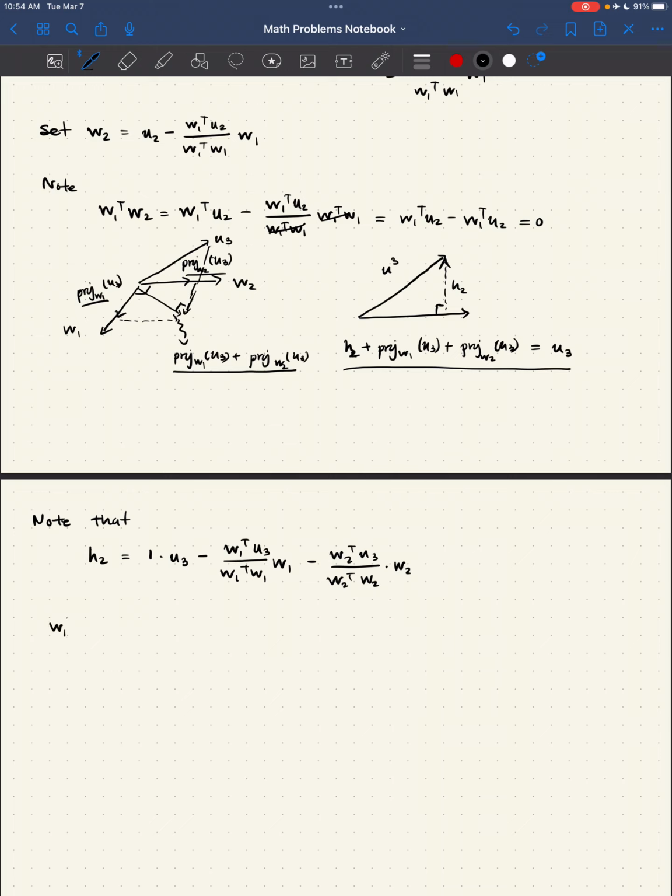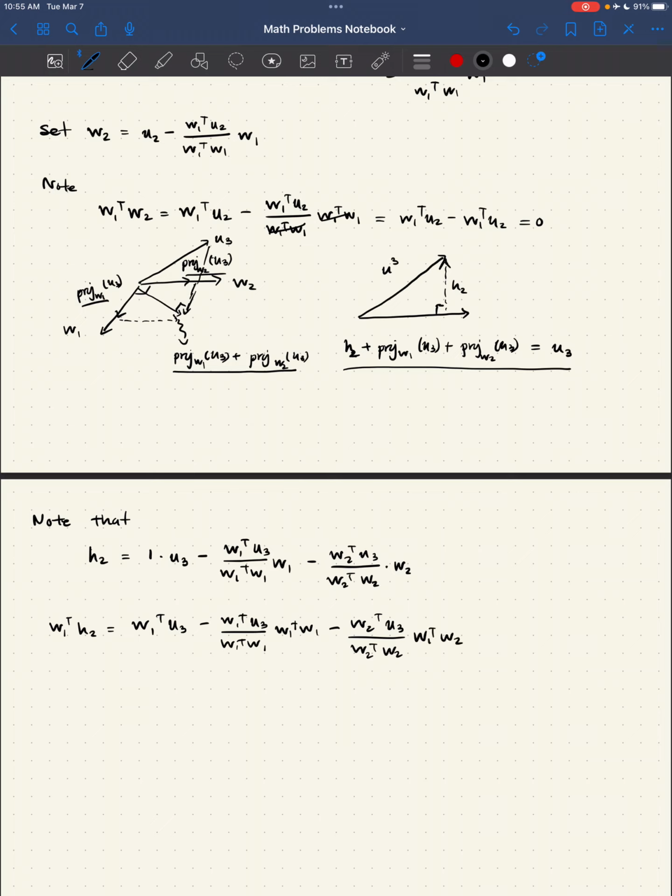So W1 transpose times H2 is going to be W1 transpose U3 minus (W1 transpose U3 over W1 transpose W1) W1 transpose W1 minus (W2 transpose U3 over W2 transpose W2) W1 transpose W2.